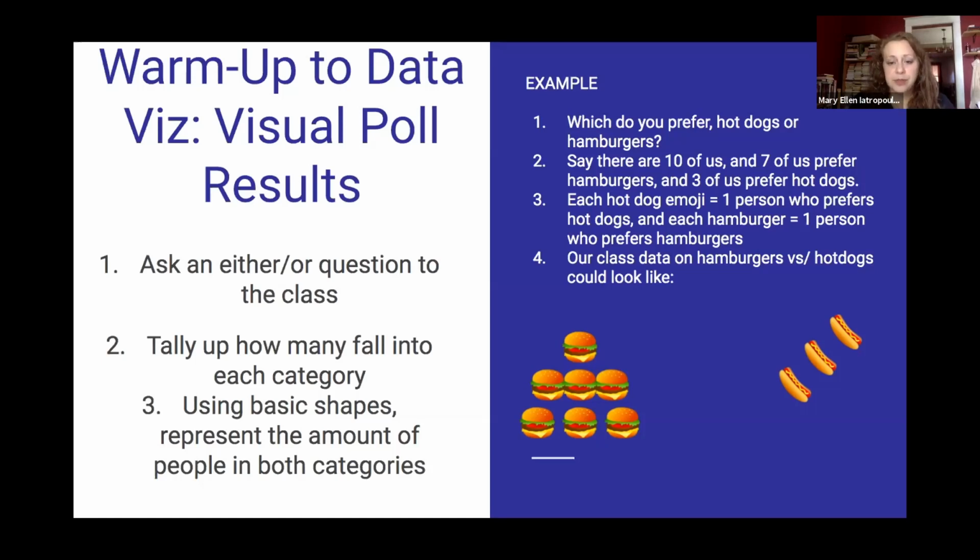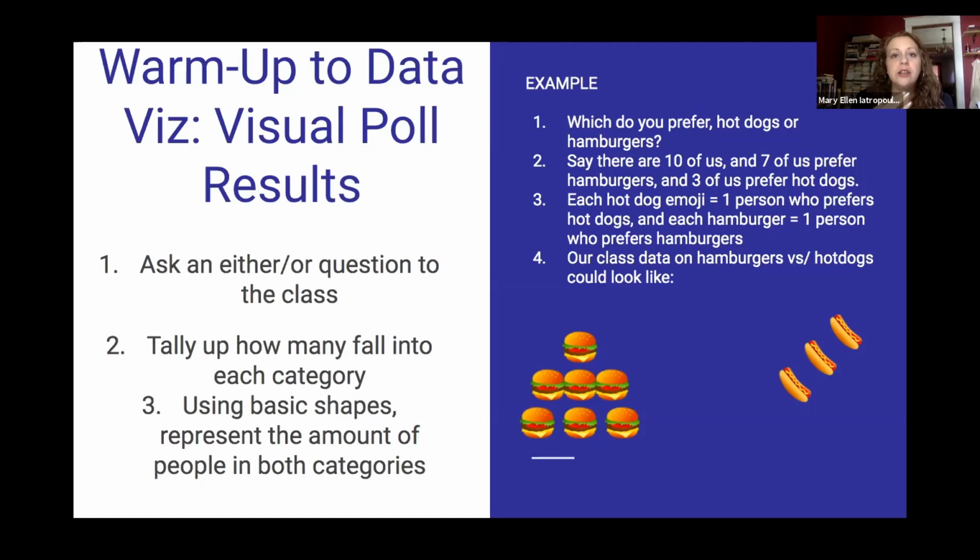So for example, if I had a class of 10 and I asked them, what do you prefer, hot dogs or hamburgers? If 7 people said hamburgers and 3 people said hot dogs, a very quick and easy way to visually represent that is by stacking up some emojis. But that's not the only way that you could visually represent those poll results. You could have a really big hamburger that is 70% bigger than a little hot dog.